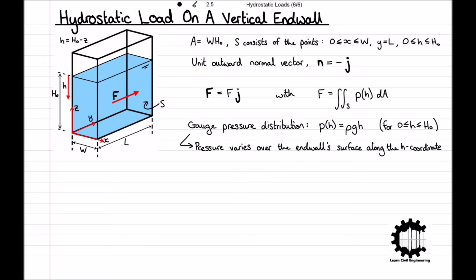This is a noticeable difference from the situation in the last video, where the pressure was constant over the surface when calculating the hydrostatic load applied to a horizontal base.